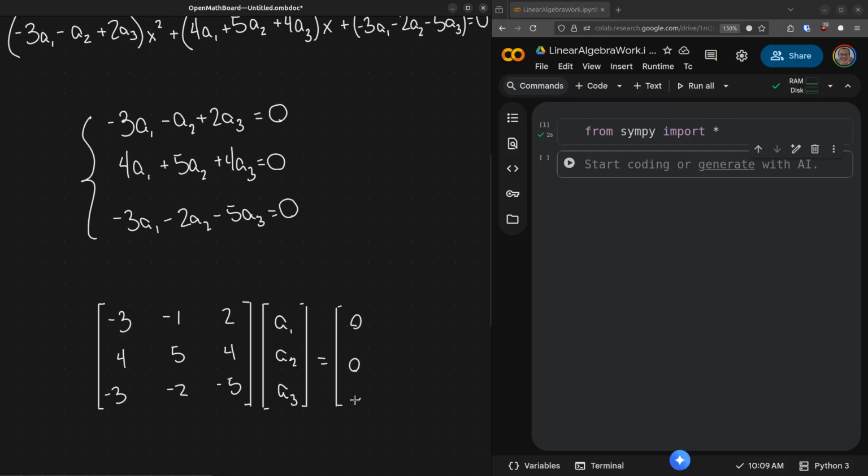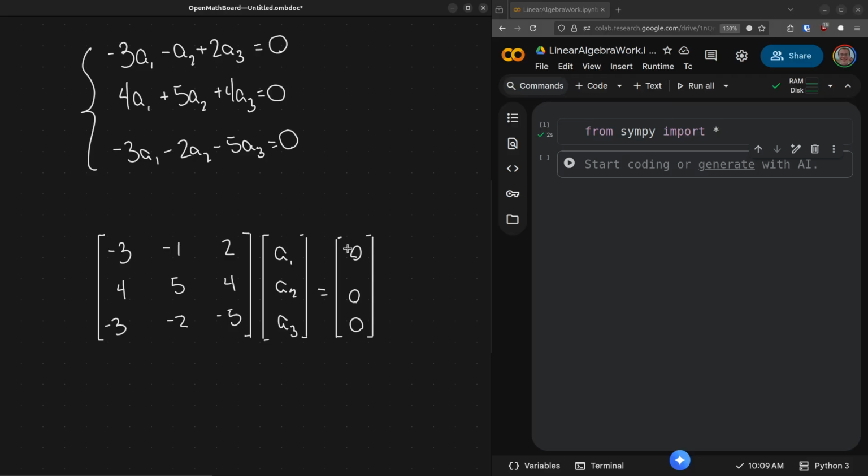I want to make sure this is equal to 0. We know how to solve this. We're just going to throw this into a matrix and get into reduced row echelon form. If this was anything but 0, of course, we'd augment. But since it's just 0, I don't have to worry about augmenting the matrix.